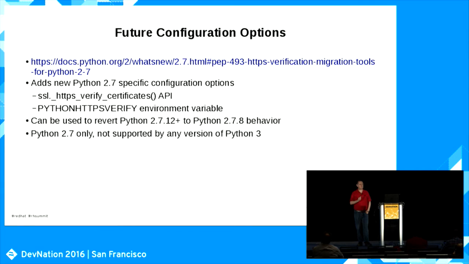That said, specifically for the Python 2 series, there is an implemented change upstream in Python 2.7.12 that implements a global opt-out setting specifically for Python 2.7. So these opt-out settings don't exist in Python 3 or any version of that. But they do exist in Python 2.7.12. And the relevant PEP details, again, are in the Python 2.7 what's new documentation.